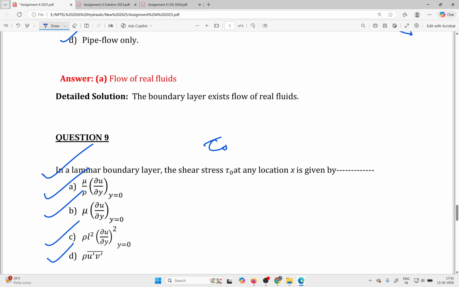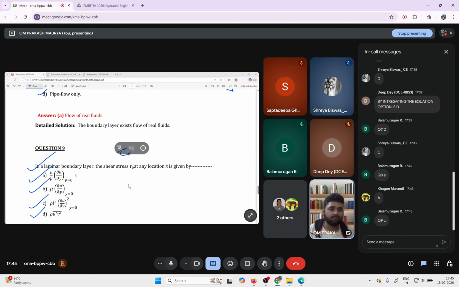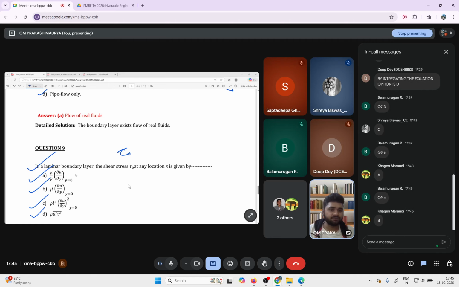Option A: mu times del u by del y at y equal to 0; B: rho times del v by del u by del y at y equal to 0; C: rho l square times del u by del y whole square at y equal to 0; and D: rho times u dash v dash, the average of v dash u dash. The question is asking about the laminar boundary layer. For question 9 you are telling C option, okay, Balamugan. Okay, fine. Kagan is telling B option.